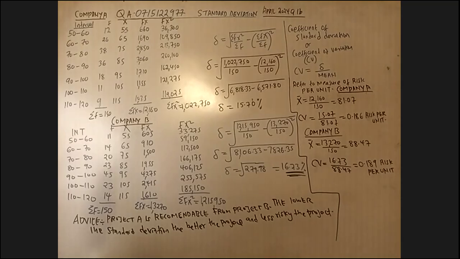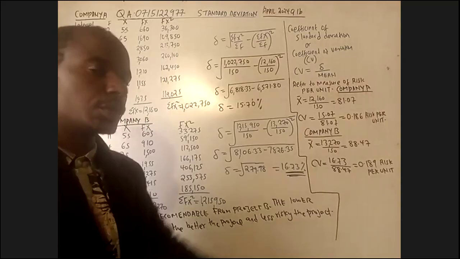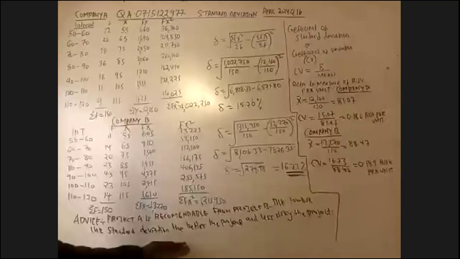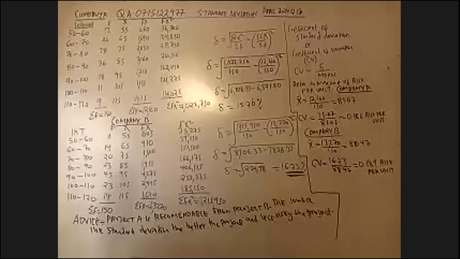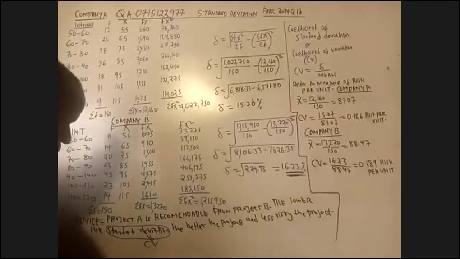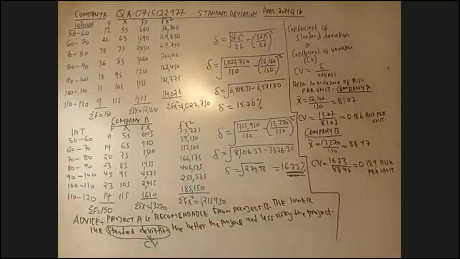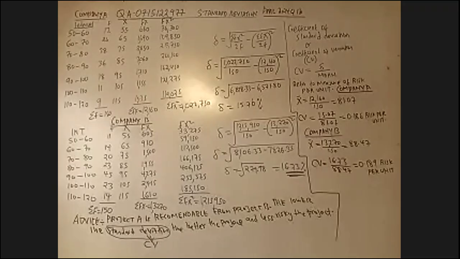The lower the CV, the better the project, and the less risky the project. What you change is that from standard deviation you change to CV, the coefficient of variation. That marks the end of standard deviation.